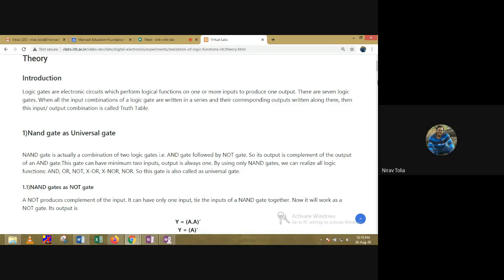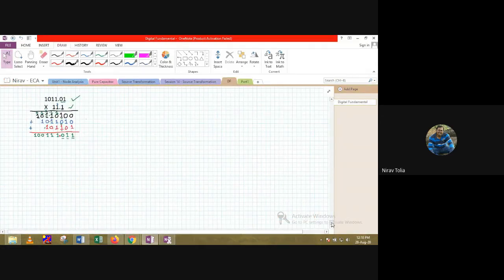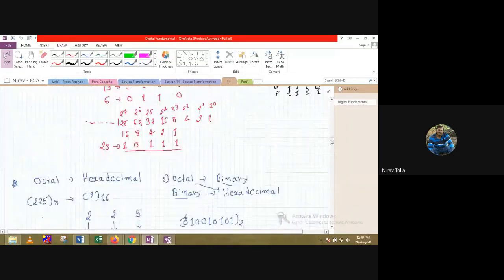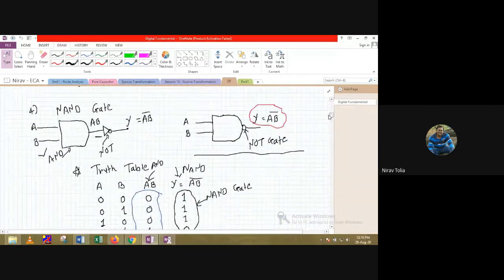So what is the truth table of the NAND gate? First, we have to understand the truth table of the NAND gate. Let's say we have two inputs, so we have four different input possibilities: 0 0, 0 1, 1 0, and 1 1. Here, it is the NAND gate.